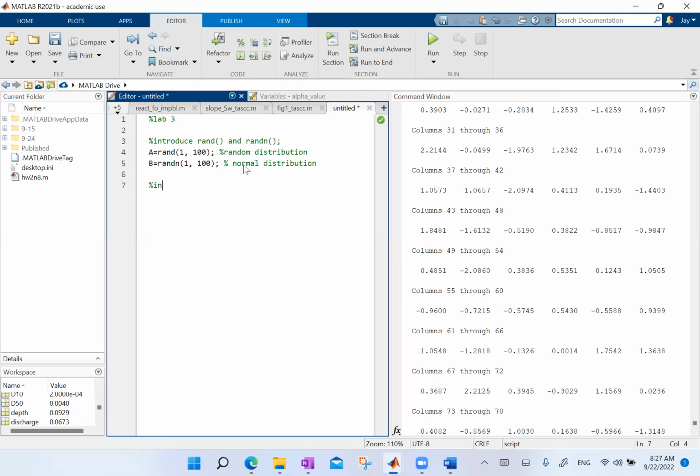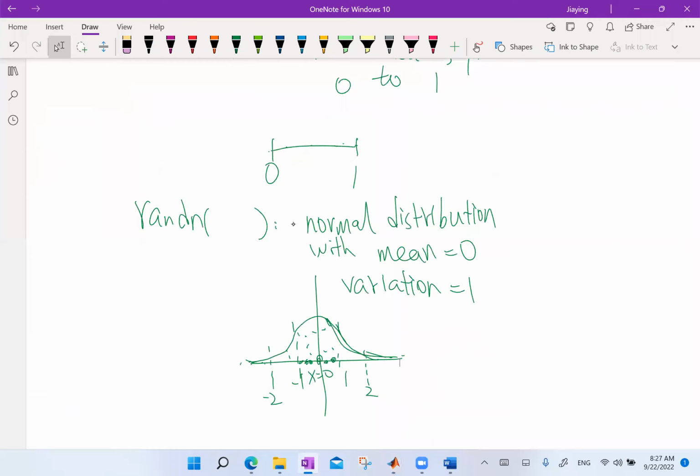Now for the second part, we're going to introduce subplots and histograms. We all know that when we plot something, we just get one figure, right? But with subplots, you can have one figure with multiple subfigures.